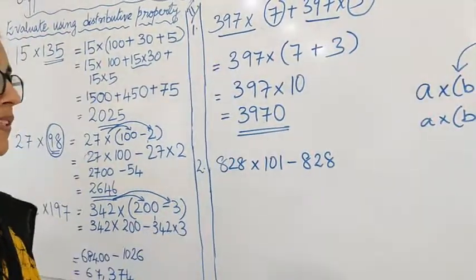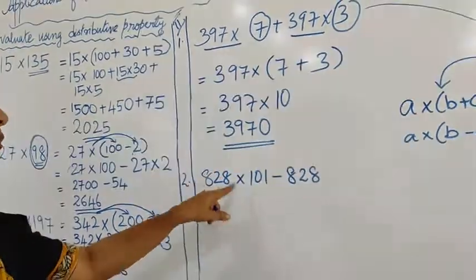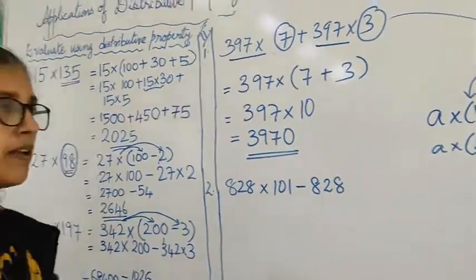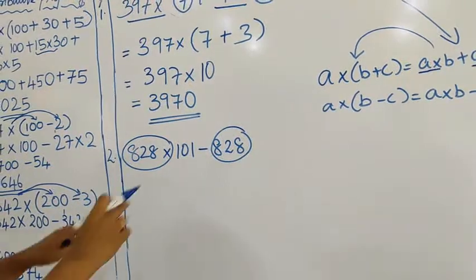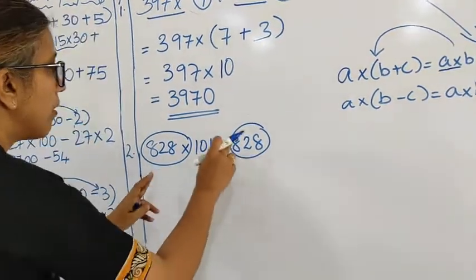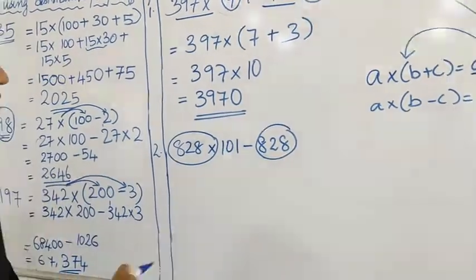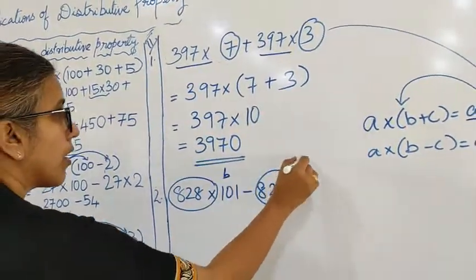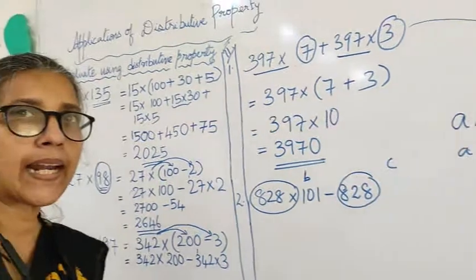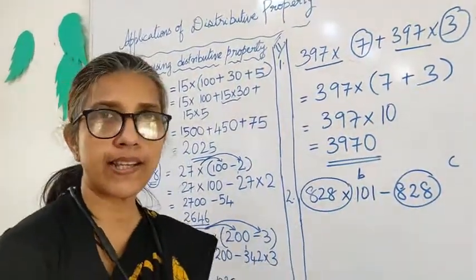Now in the second question, 828 into 101 minus 828. 828 is there in both the terms, but here 101 is there and here nothing is there. So I have B, but I don't have C. But I can create one C here.